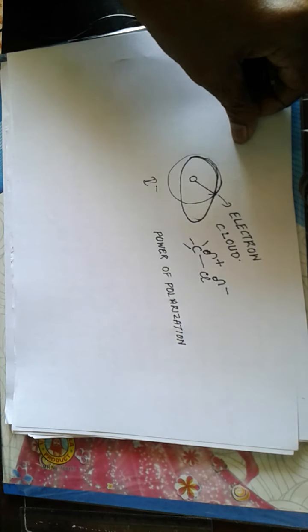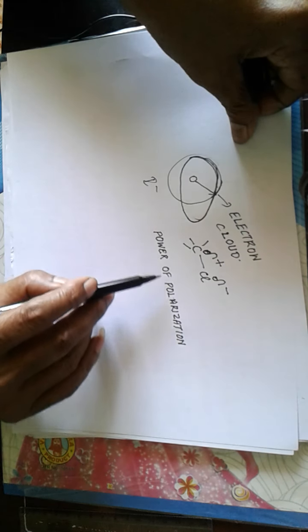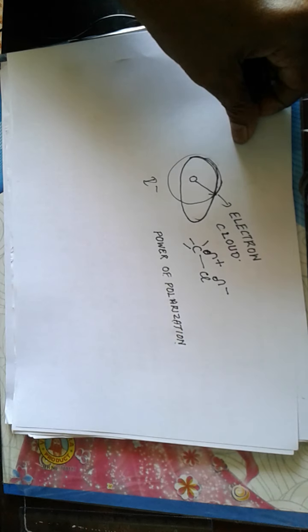The atom may be partially positive or a fully positive ion, and its power to distort the electron cloud of a negative ion is called the power of polarization or polarizing power.